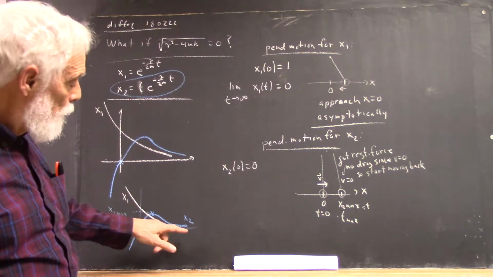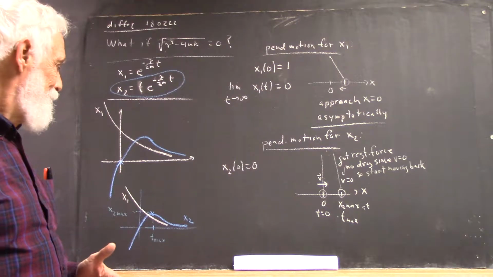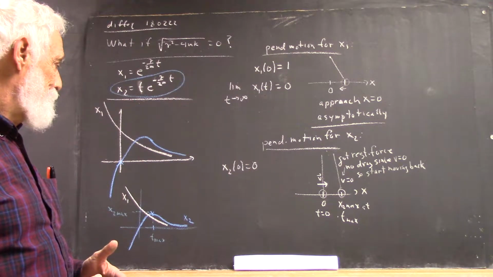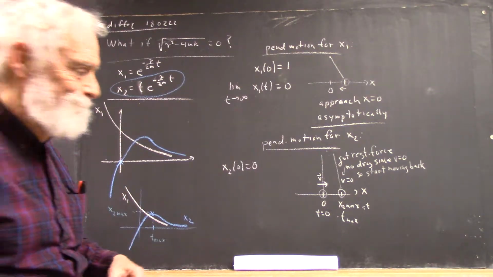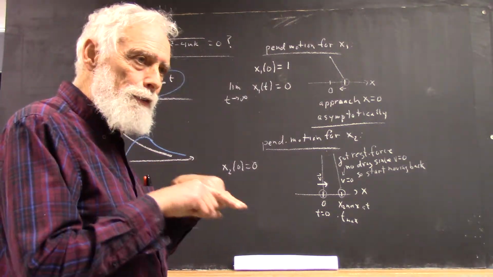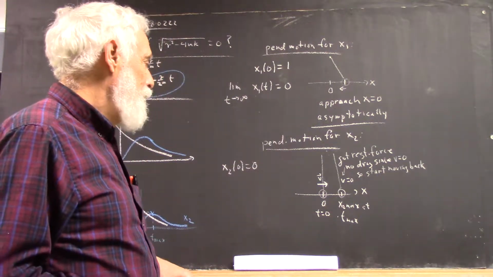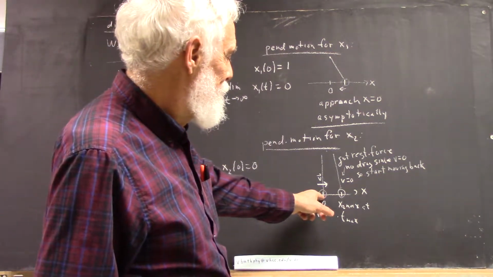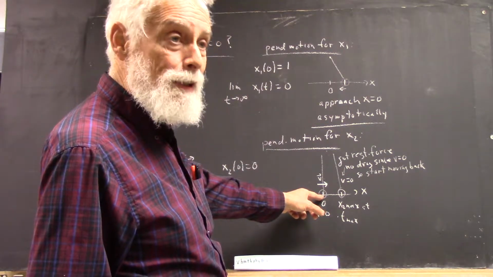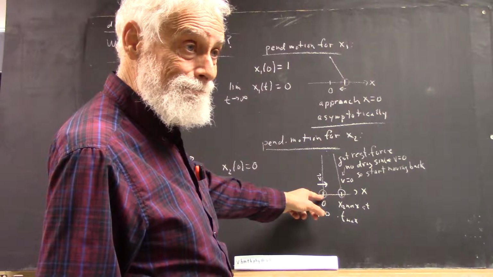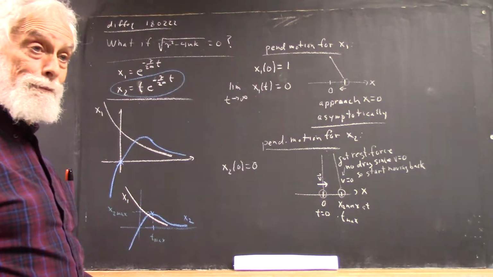But the drag force and the restoring force are so well balanced that they approach 0 basically along the same tangent line, okay? And you have an asymptote. You never get there, but you approach it arbitrarily closely, okay? And that's kind of your interpretation.